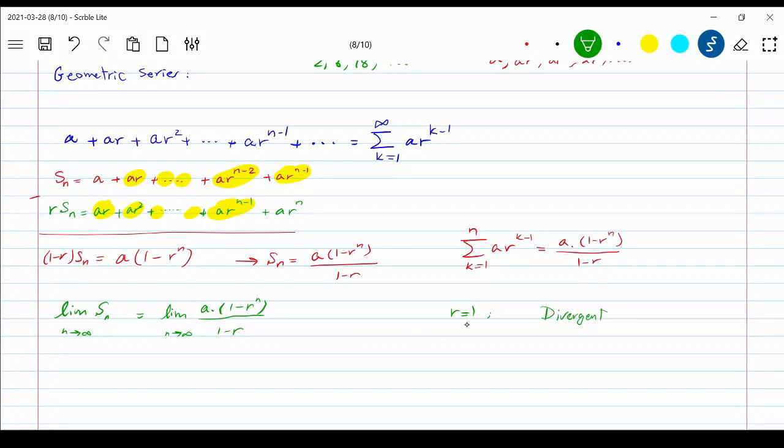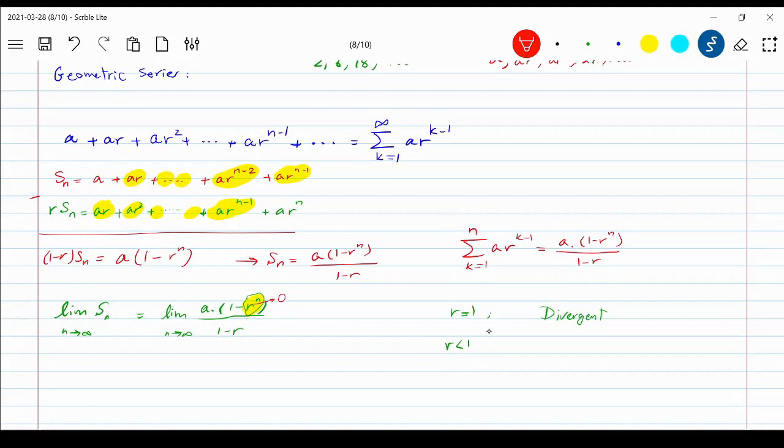Okay, what if r is not equal to 1? Then the denominator wouldn't be 0. So let's say, what if r is less than 1? What happens? If you remember from the last section, if r is less than 1, r^n would approach 0 as n approaches infinity.